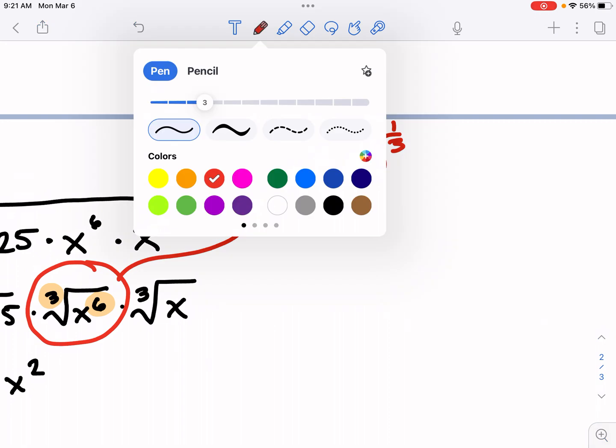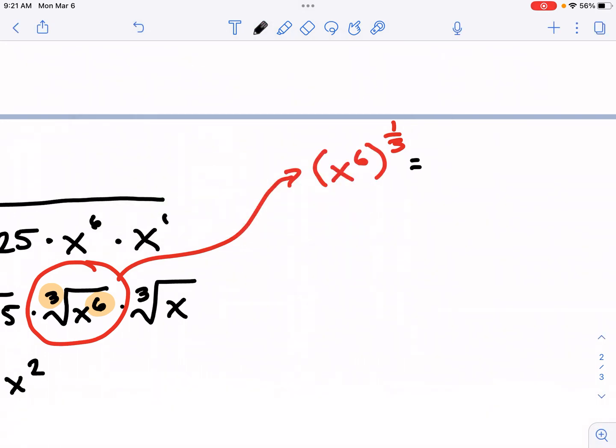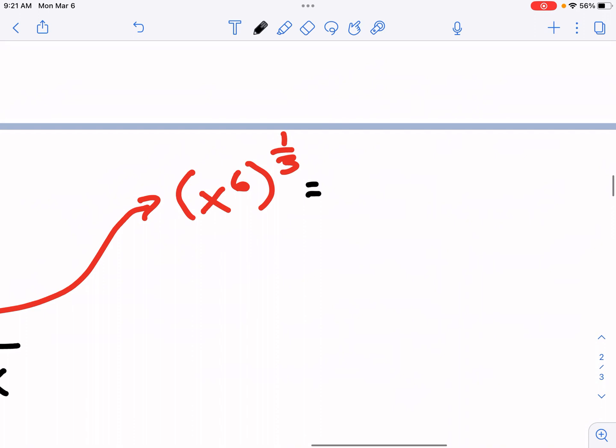I'm going to put this in black. And when you have an exponent to an exponent, that is the power rule, which states that you can multiply those exponents. This is x to the 6 times 1/3. Really what you're doing is just 6 times 1. So this is 6/3, or 6 over 3. And that's why it becomes 2, because 6 divided by 3 is 2.